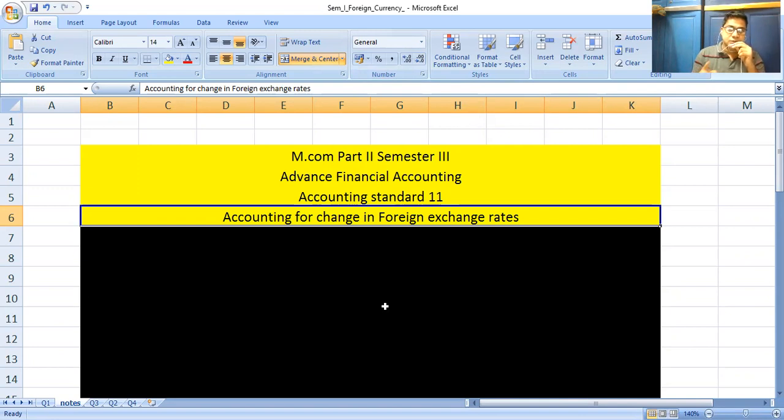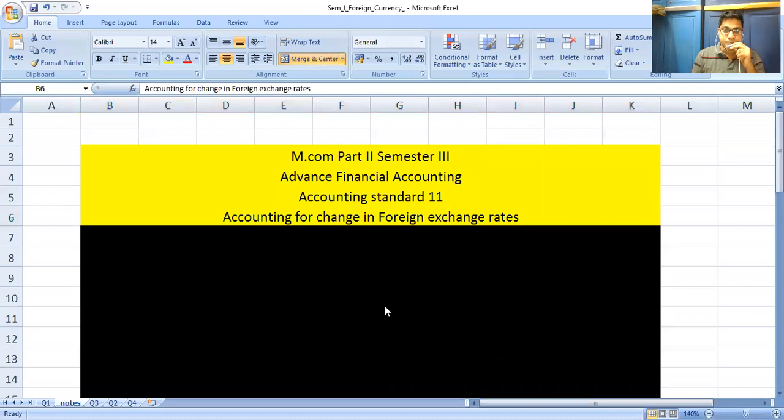America's currency's name is dollar. Britain's currency's name is pound. Japan's currency's name is yen. Arabian countries' currency name is dinar. So these currencies are different and their rates are also different.